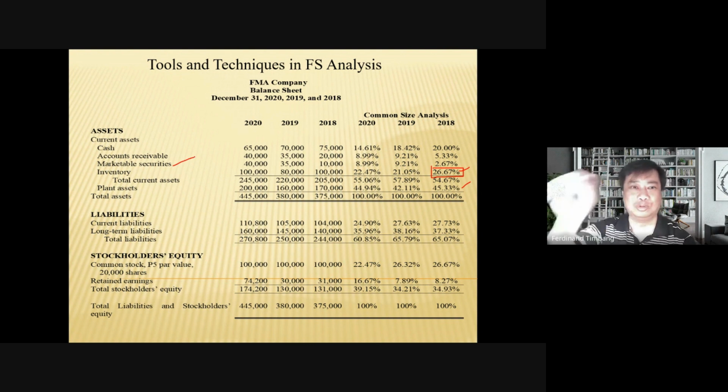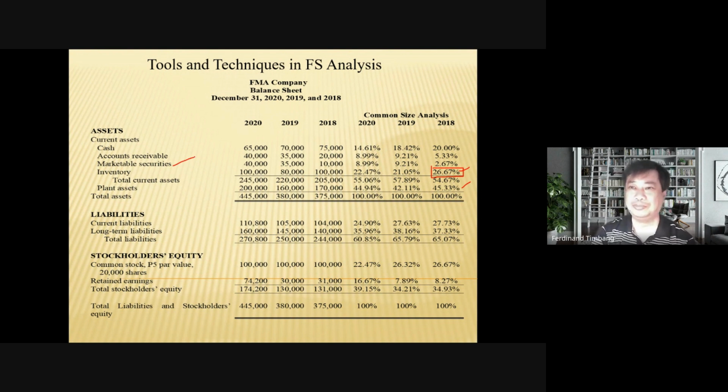Bayaran nyo doon sa due date mismo. Huwag kayo magbabayad ng 1 month, hindi naman 1 month, may mga 2 weeks o 1 week before the due date. Bayaran nyo doon sa mismo. Doon din sa credit card, di ba? You can use yung credit card ninyo without earning any interest. Di ba? You get points, pero you're not paying for the interest expense or any penalty.